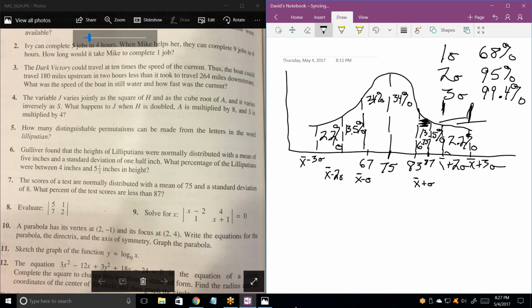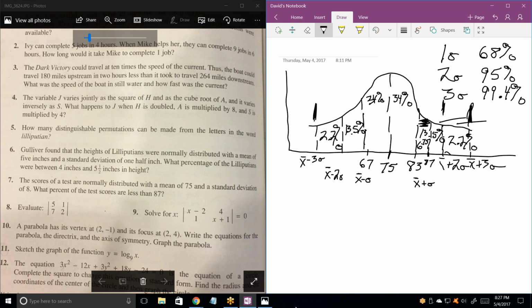In other words, the total area from here to here, which is 3 standard deviations, represents 99.4% of the data. So it's all I got to do is take 99.4%. Nah, that's not the way I'm going to do it.